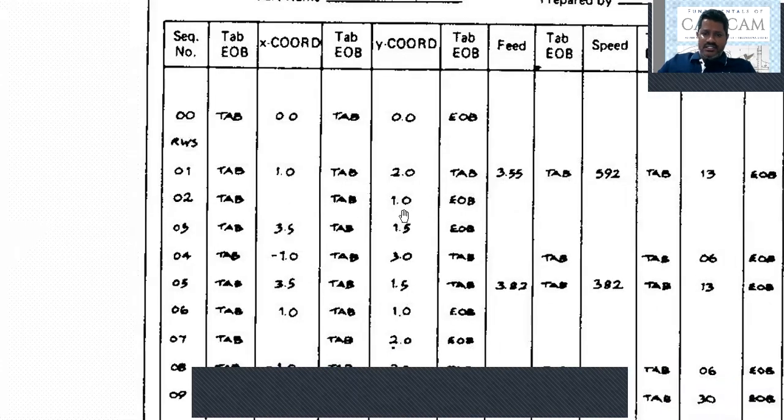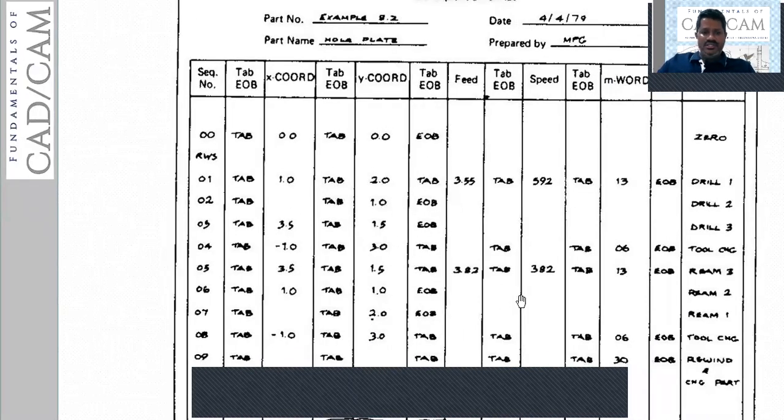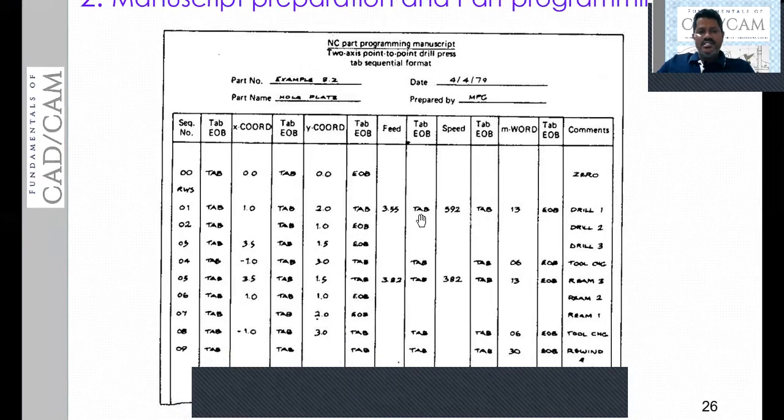It is exactly similar to the NC part program, describing how the tool is moving from one location to another location, and it also describes the operation that we are performing on the component. It is just a skeleton of the NC part program.